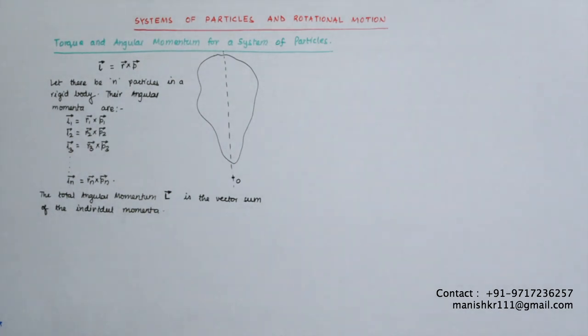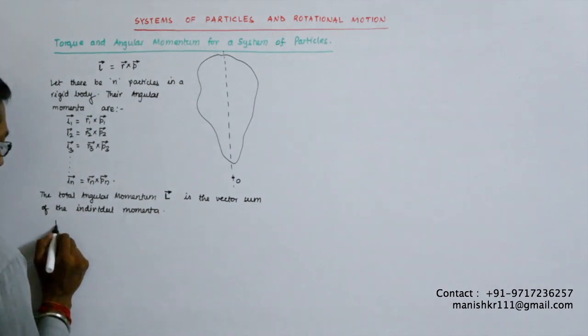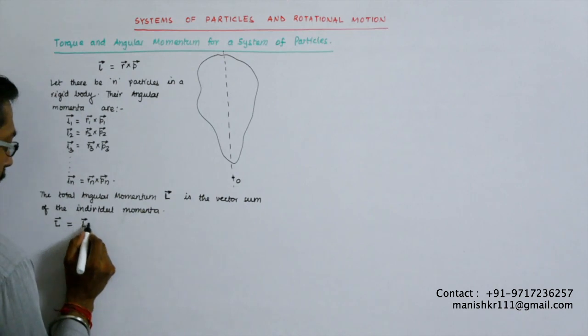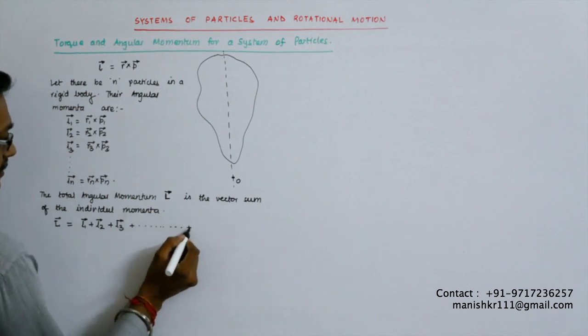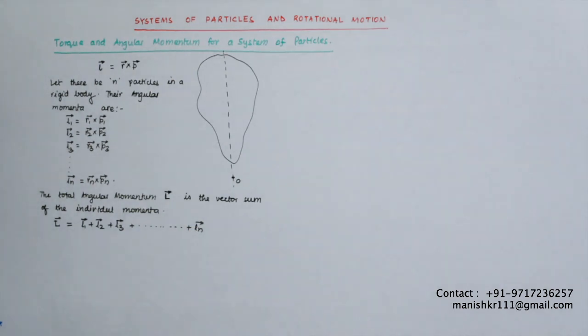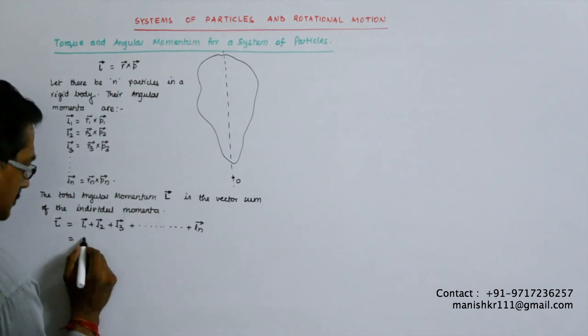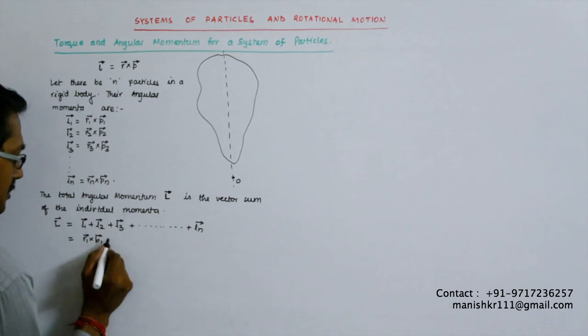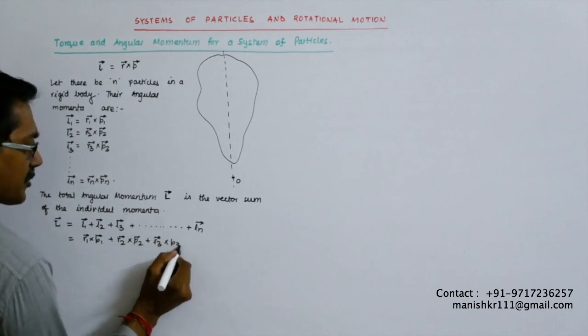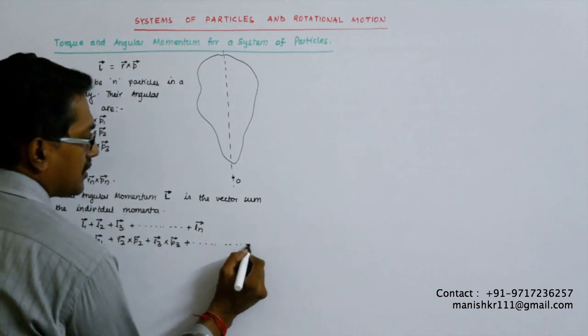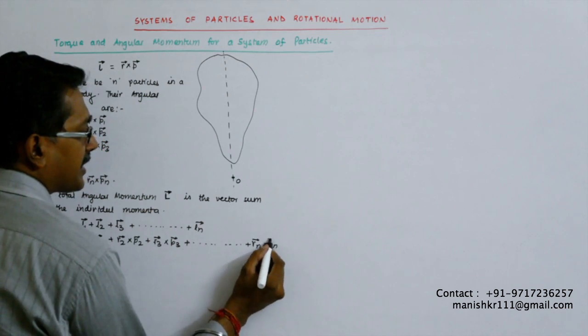So L is equal to L1 plus L2 plus L3 plus up to Ln, which is r1 cross p1 plus r2 cross p2 plus r3 cross p3 plus up to rn cross pn.